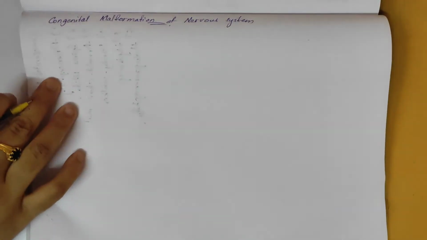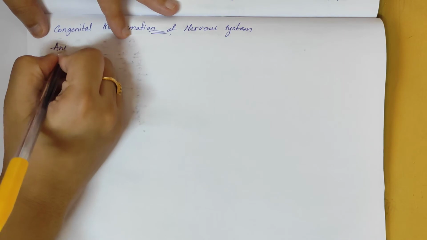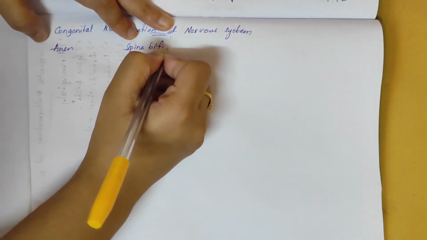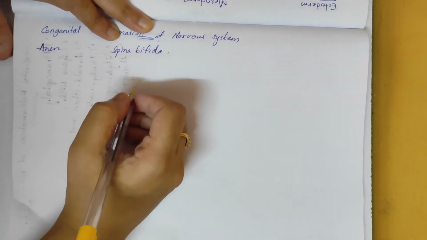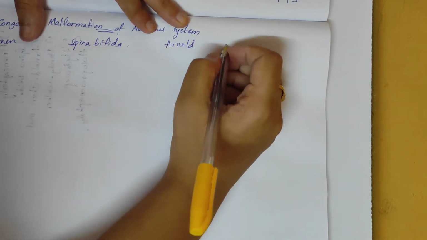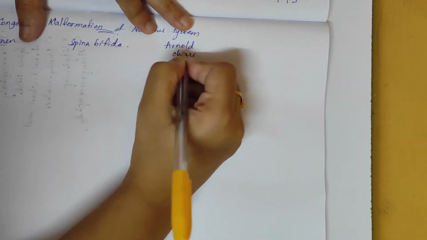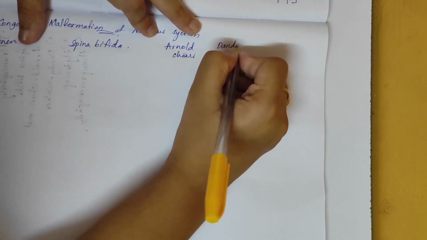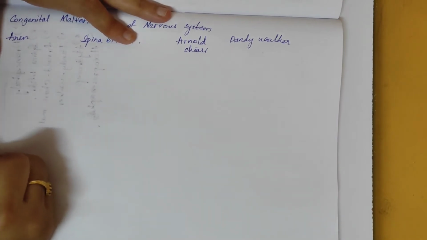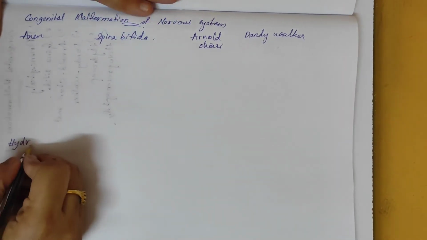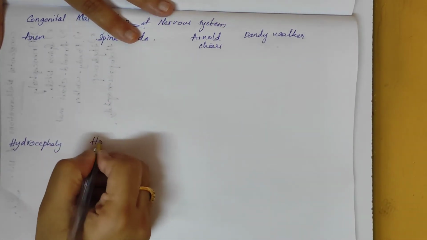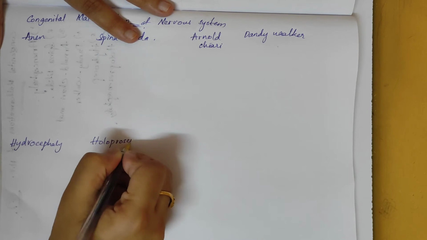This has 6 diseases: anencephaly, spina bifida, which is further classified into 4 types, Arnold-Chiari, Dandy-Walker, hydrocephalus, and holoprosencephaly.